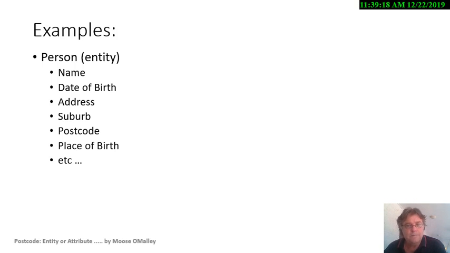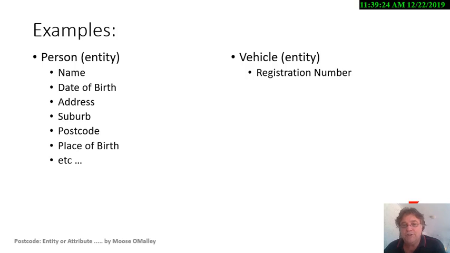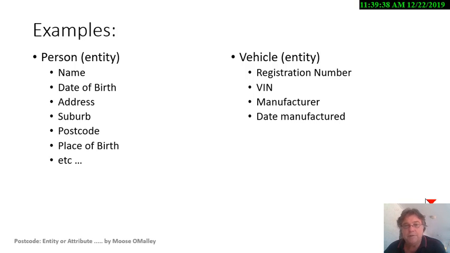For a vehicle, which is another entity, you might want to record the registration number of the vehicle, in other words, the number plate. The VIN number that's on the engine or the chassis. Okay, there could be multiple numbers you might want to record. The manufacturer, Toyota, Honda, whatever. The date manufactured, so the date a particular vehicle is manufactured.